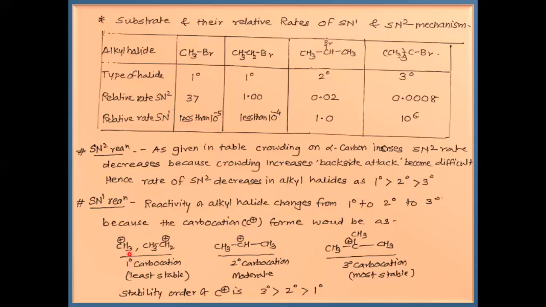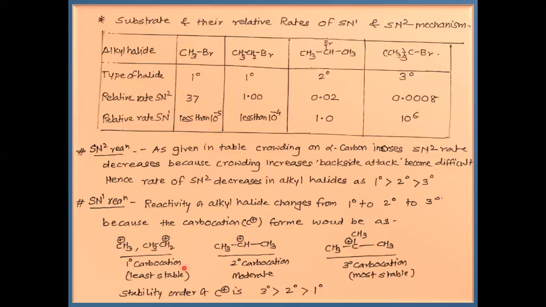So here a primary alkyl halide gives CH3+, a primary carbocation, or CH3CH2Br gives the CH3CH2+ carbocation. A secondary alkyl halide gives a secondary carbocation, and a tertiary alkyl halide gives a tertiary carbocation.